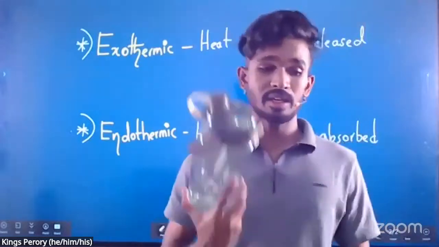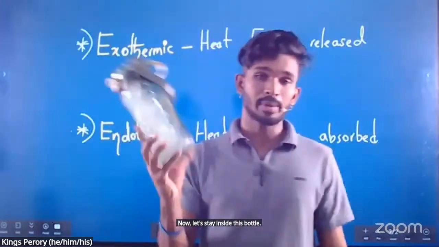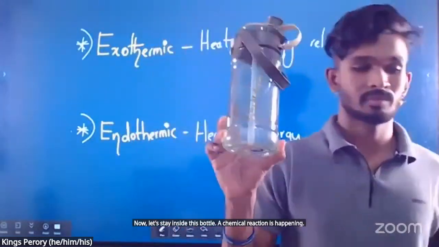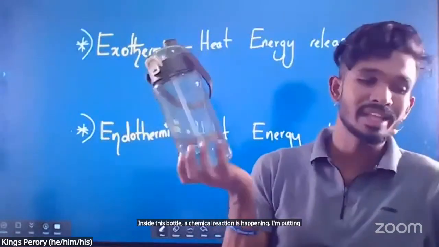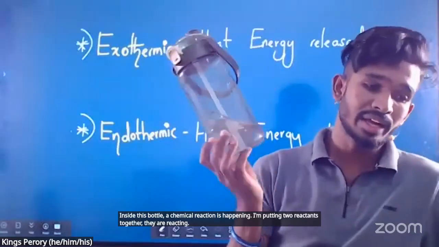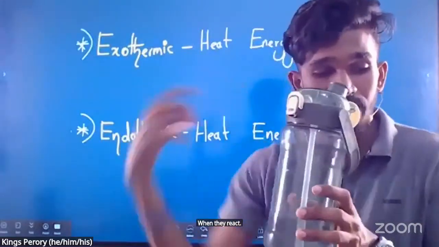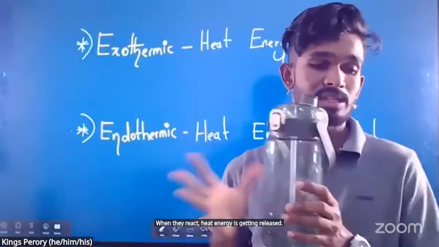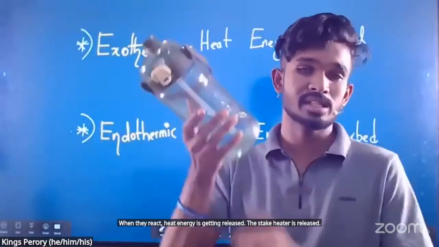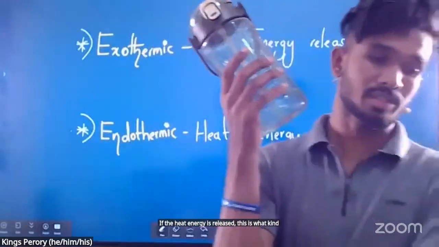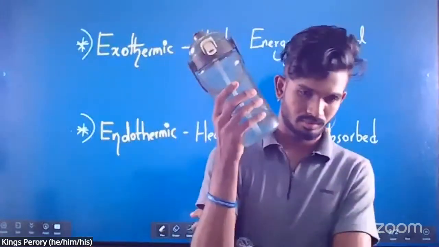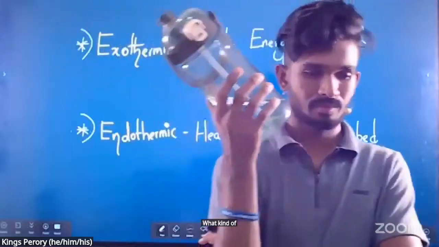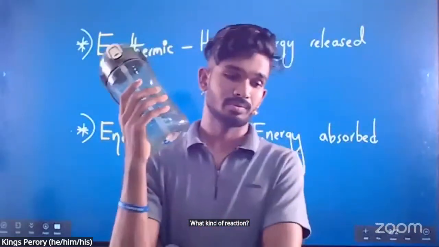Now let's take this bottle. Inside this bottle, a chemical reaction is happening. I'm putting two reactants together. They are reacting. When they react, heat energy is getting released. If the heat energy is released, what kind of reaction is this?